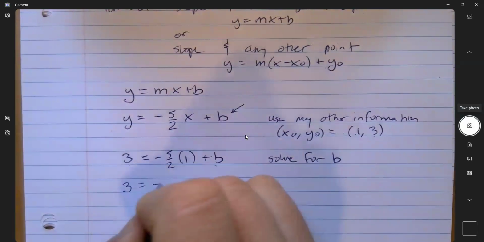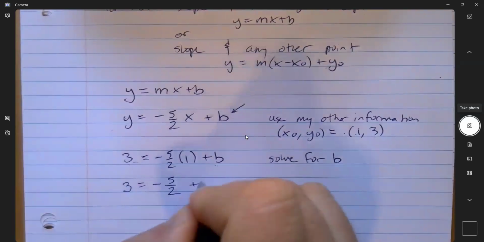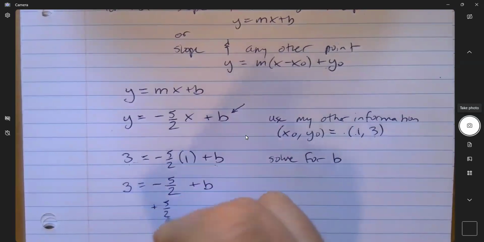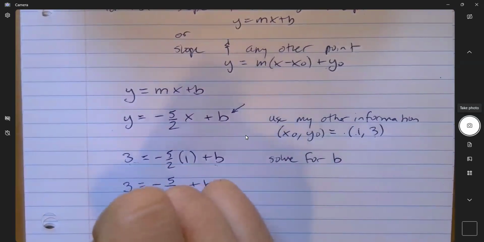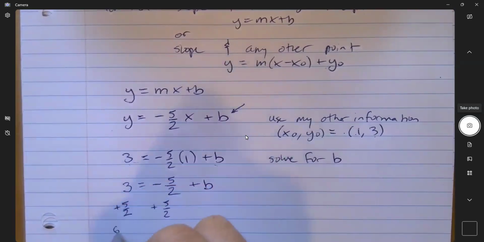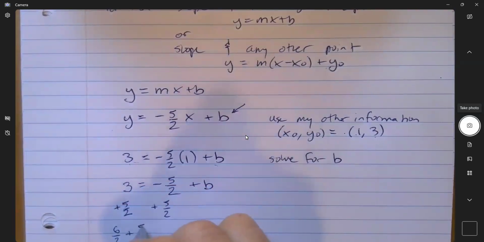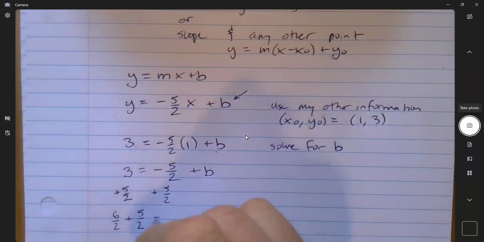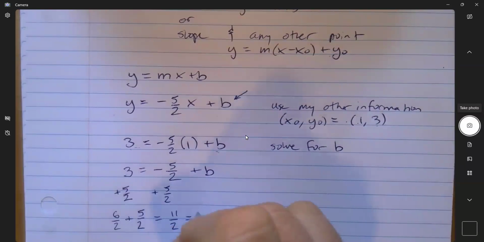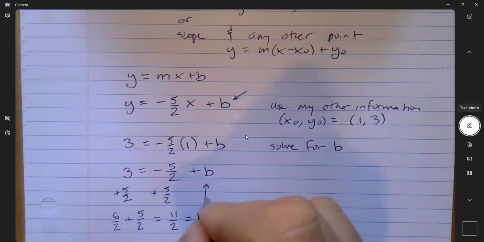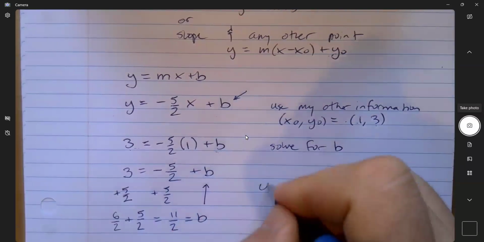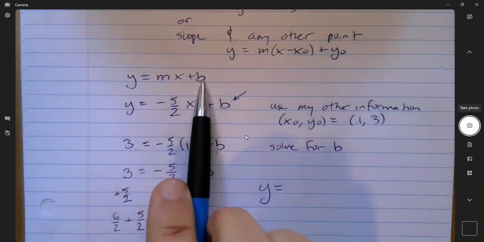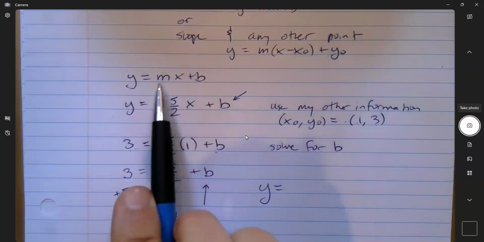Minus 5 halves times 1 is still minus 5 halves. Solving for b, I add 5 halves to both sides. 3 plus 5 halves, well, I need to convert the 3 into something with the same denominator. So how about 6 halves plus 5 halves, which is 11 over 2, and that's what b equals. So I started with my formula without any information.